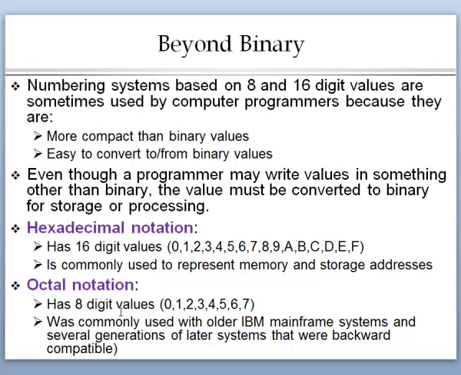Okay, so there have been other numbering systems used in the past, and some that are still used. In particular, octal notation was very common in older IBM mainframe systems. Note that octal has no advantage in terms of length compared to decimal, but it has a big advantage in length compared to base 2 or binary.